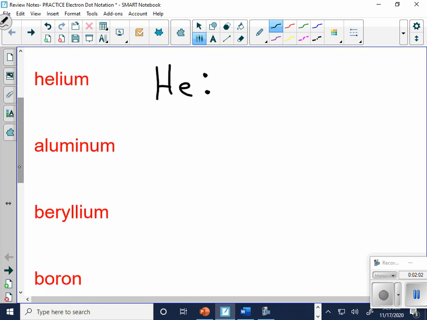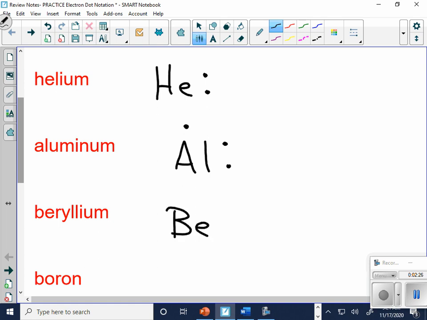Next one is aluminum. Okay. Taylor, how many valence electrons does aluminum have? 3 of them. So I am going to put a dot in the 1, a dot in the 2, a dot in the 3. Evie, what about beryllium?